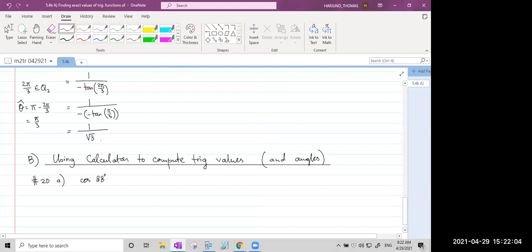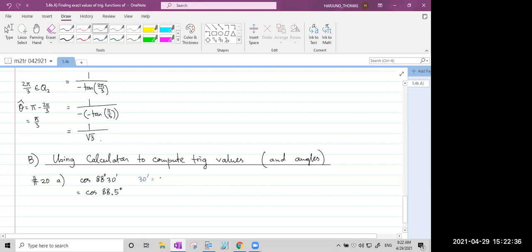88 degrees 30 minutes? Now change it to decimal degrees first. But 30 minutes is half a degree, right? So this is cosine 88.5 degrees. Maybe I write the conversion this way. 30 minutes equals what degrees?